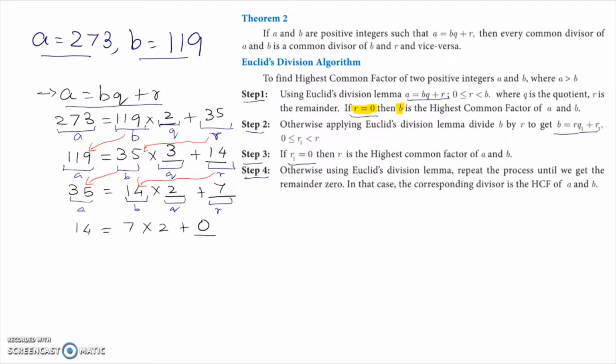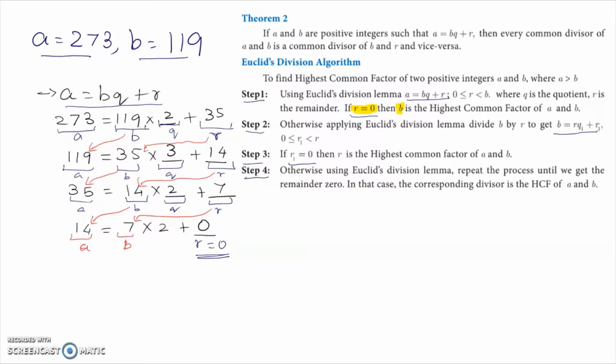You can see clearly that this B becomes our new A, and this R will become our new B. So when you do this, you get your R to be 0.